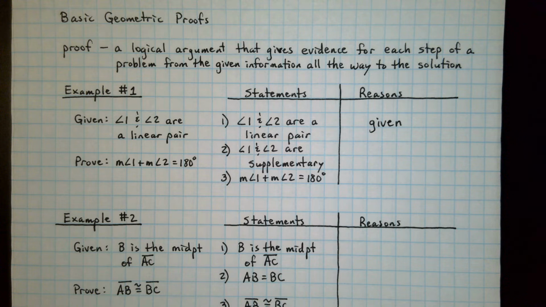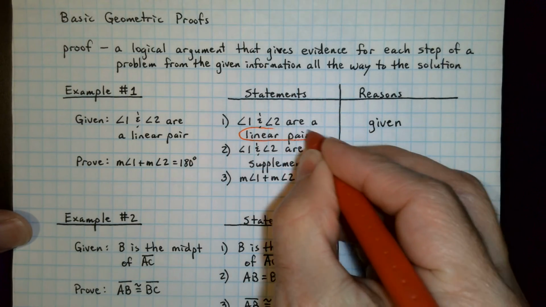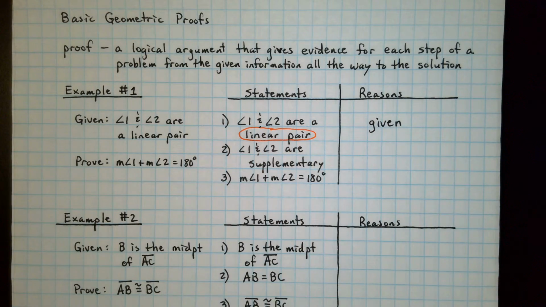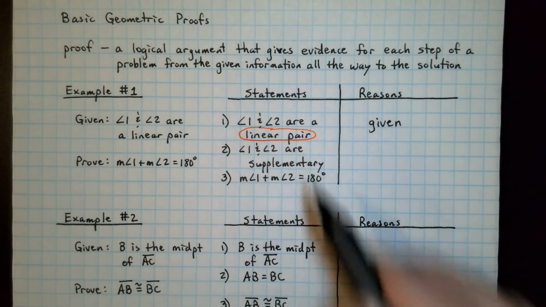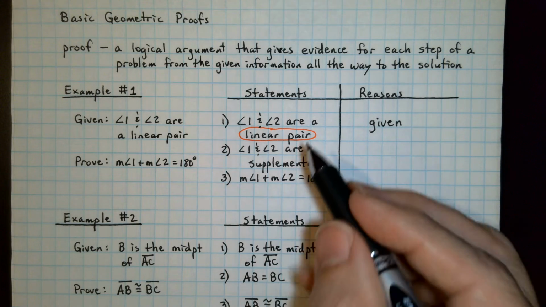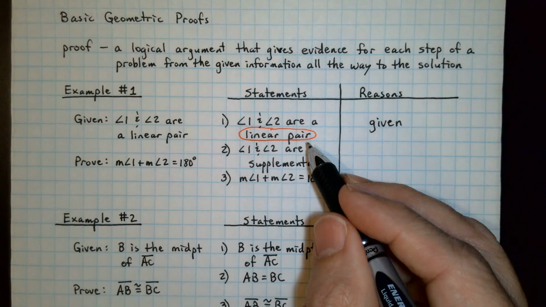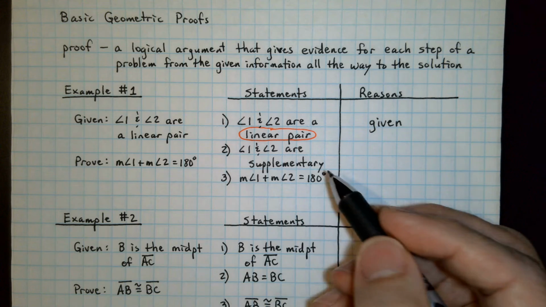And this is not 100% of the time the case, but a good rule of thumb is that if you see a phrase in a statement, in the following step's reason, that will usually be showing up. Angle 1 and angle 2 are a linear pair. Because of that, I can conclude that they must be supplementary.